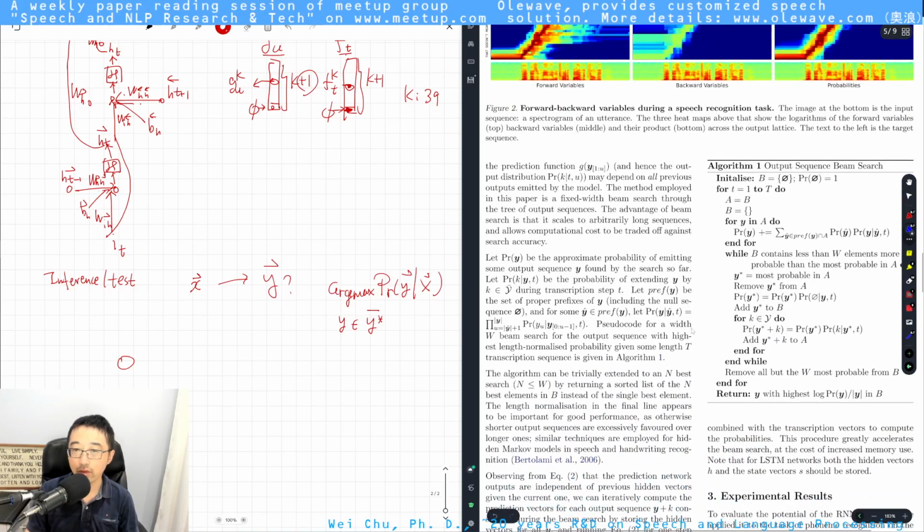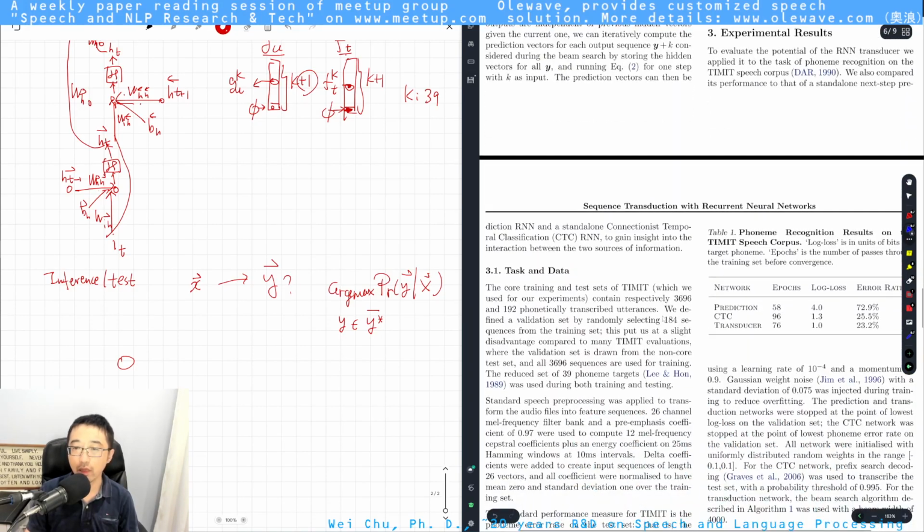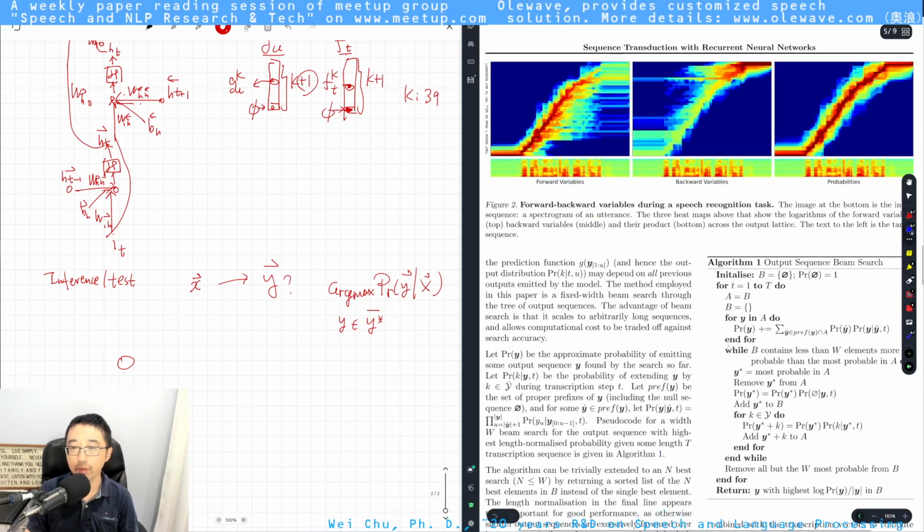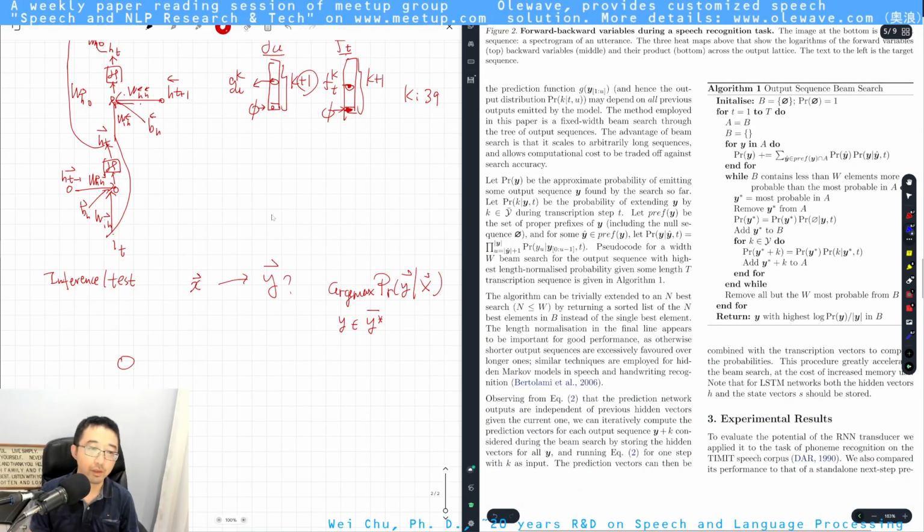But he was only talking about one of the methods. I think it's a vanilla beam search algorithm. It's called beam search. What is beam search about?